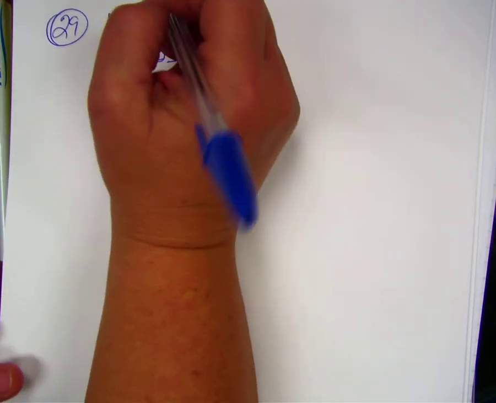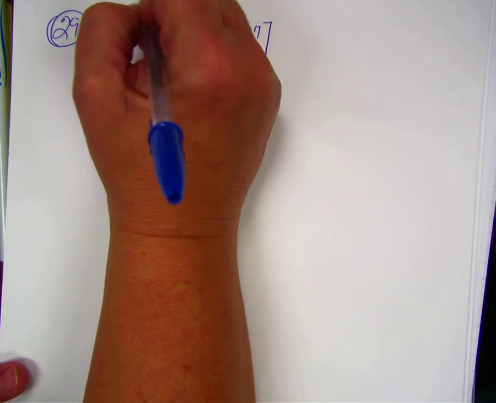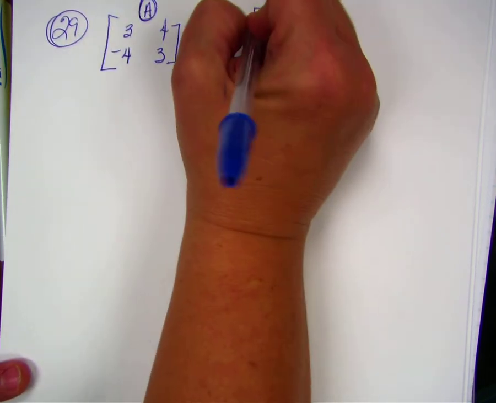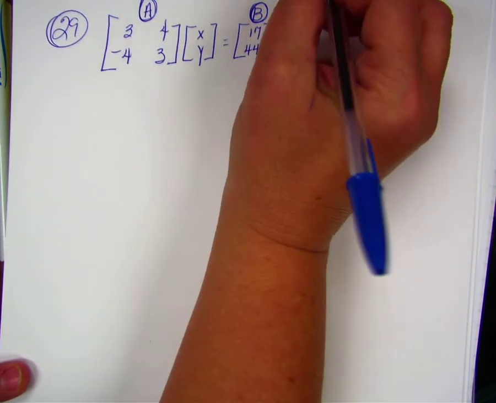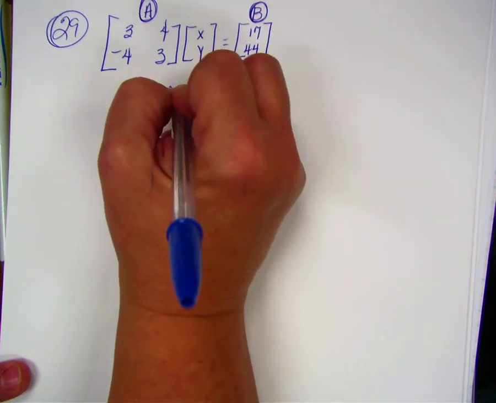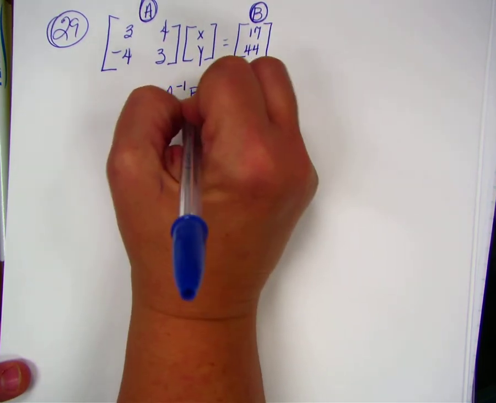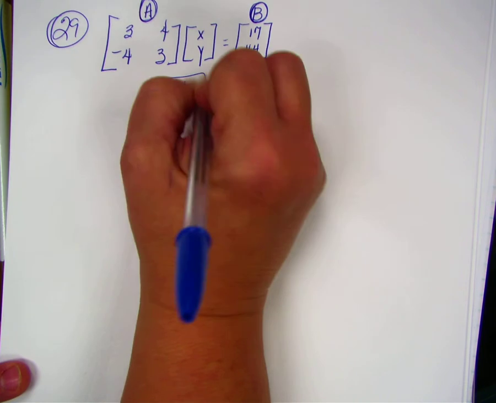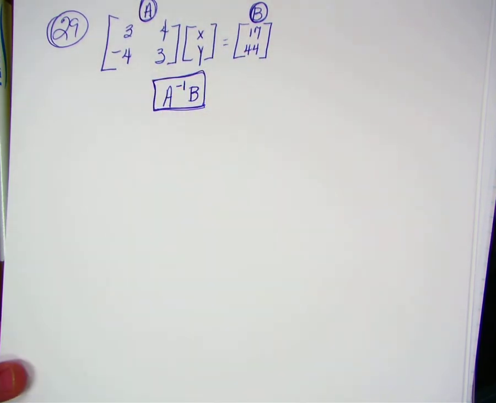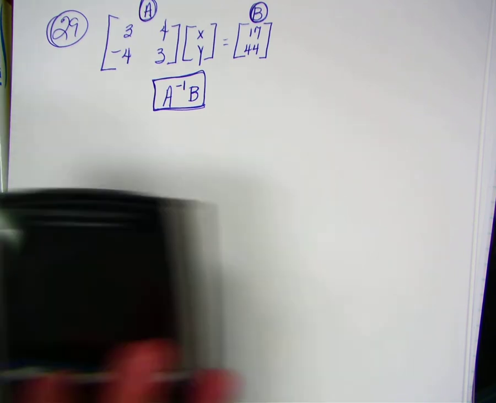If you recall, the way we did that, we called this matrix A, and we called this matrix B, and we know that our answer is A inverse B. And we did this in the calculator.